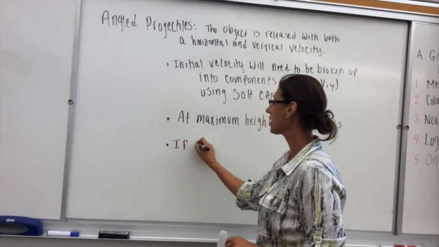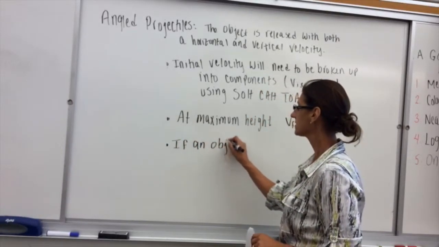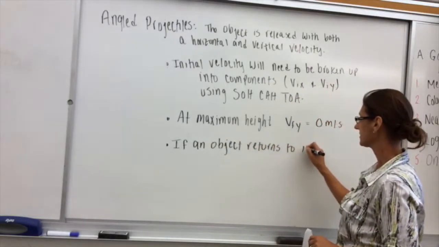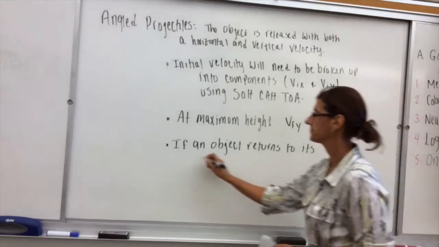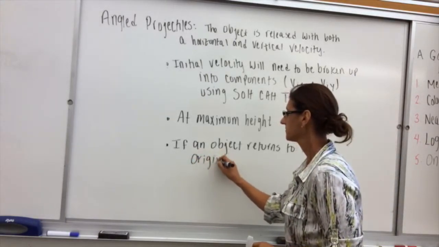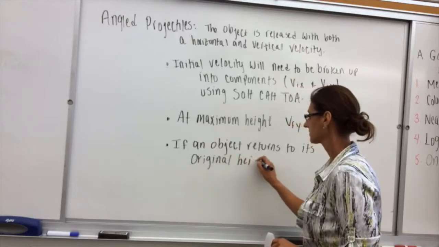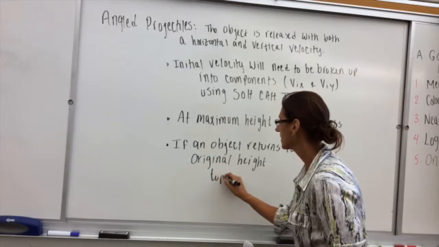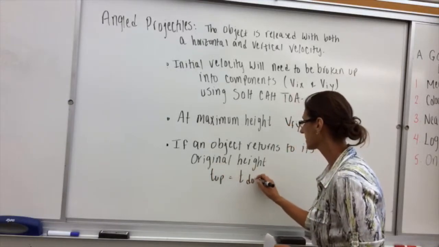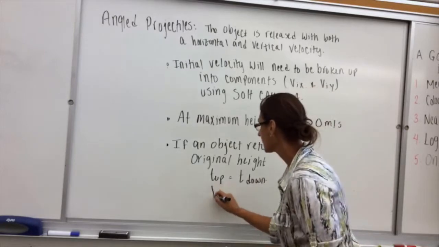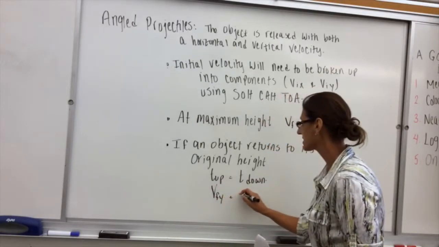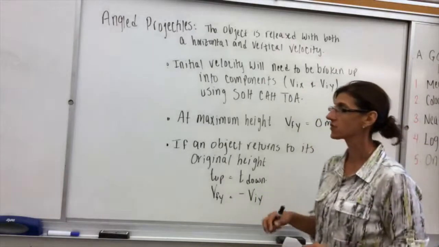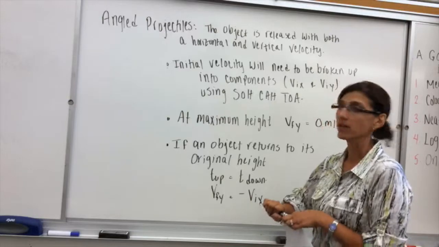And if an object returns to its original height, then we know that the time up equals the time down, and that the v final y is equal to the negative of the v initial y. Okay, so we're going to be using all of these to solve a problem. So let's look at the problem now.